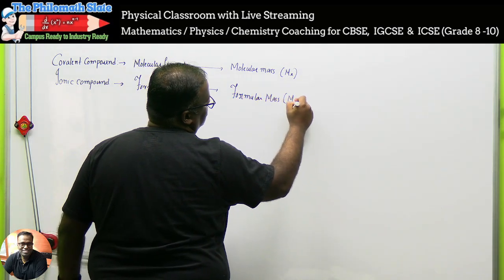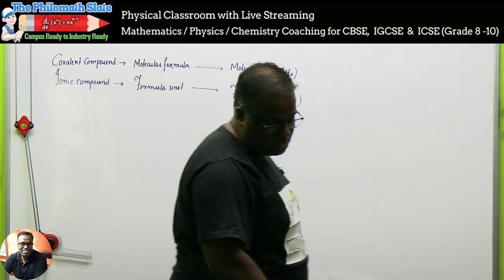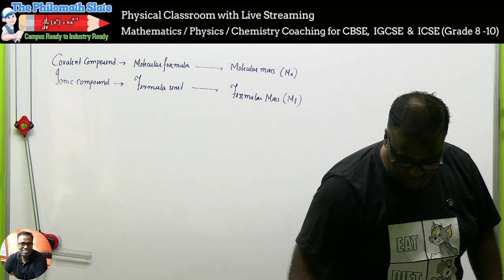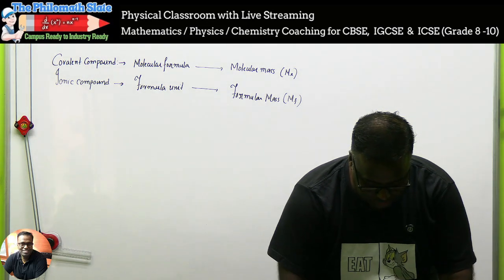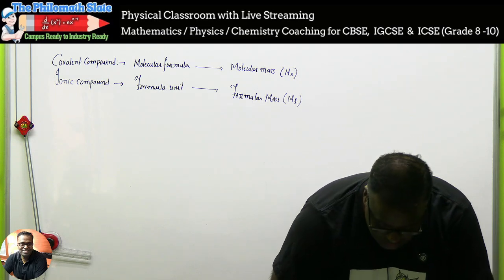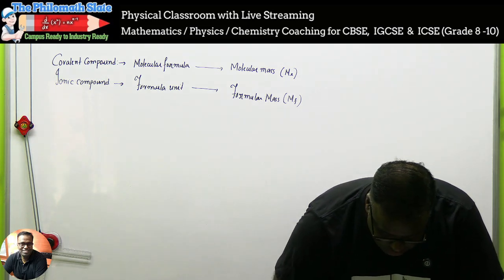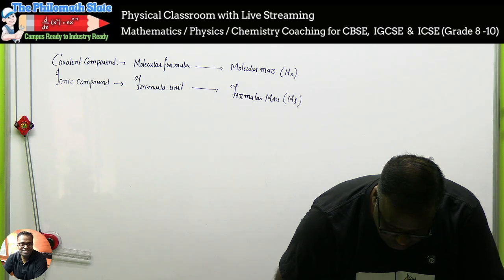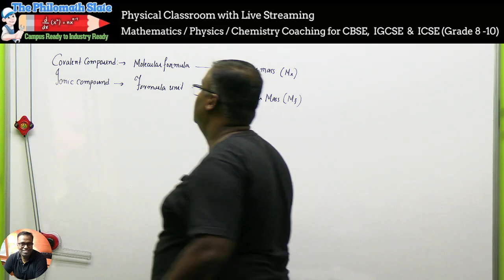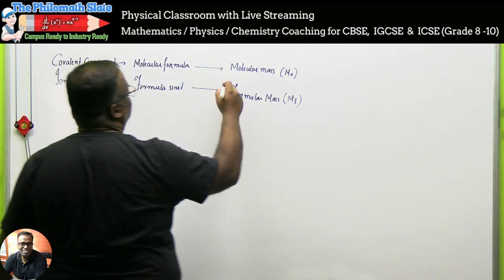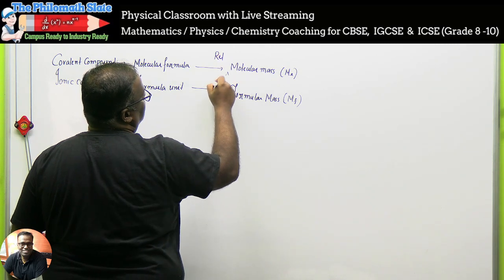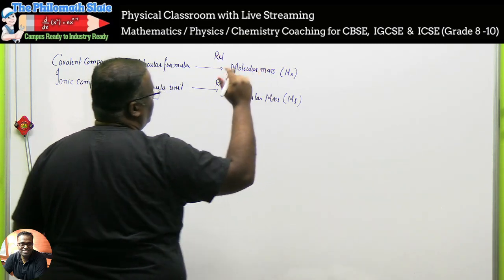In our school days, we used to call them by the same name, but now you should know them with different names, because nowadays we call them molecular formula and molecular mass. Relative molecular mass, relative formula mass. And obviously, don't forget the word relative.